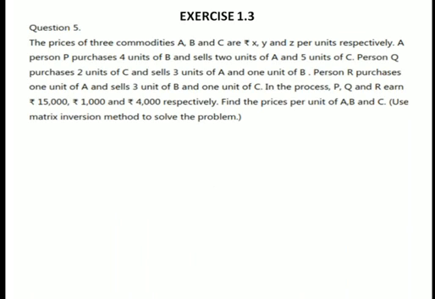Fifth question. The prices of three commodities A, B and C are rupees x, y and z per unit respectively.